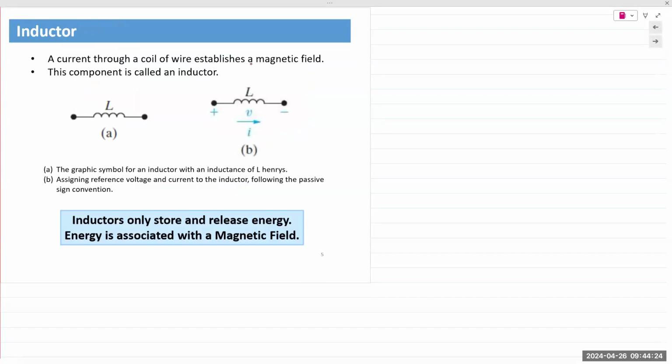An inductor is symbolized by the notation L, uppercase L. And the unit is named after Joseph Henry. So Henrys. It's denoted by uppercase H.